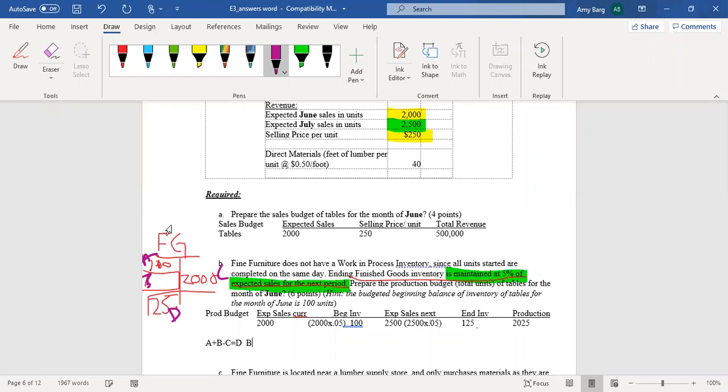And so we're looking for B. So that's going to be equal to B plus C minus A. So it's going to be 125 plus 2,000 minus 100 equals 2,025. Okay? Yeah, thanks. Perfect.